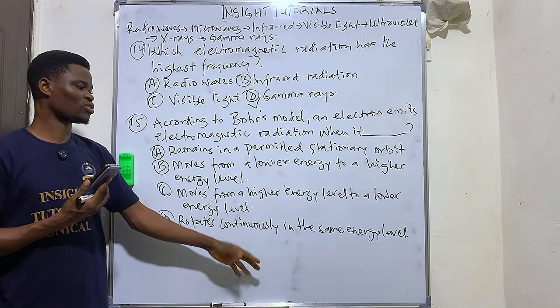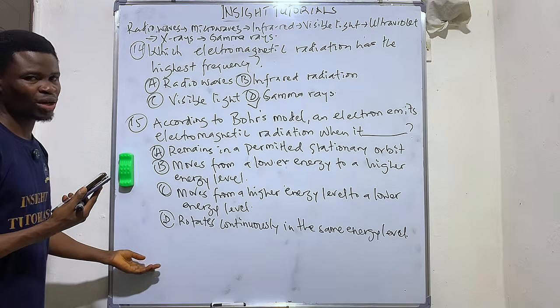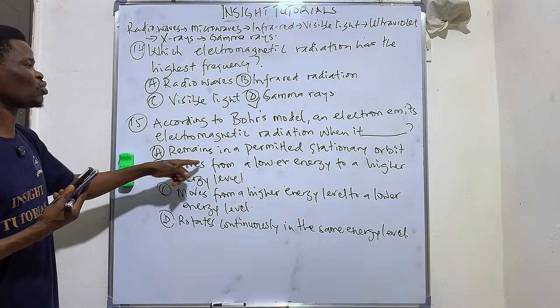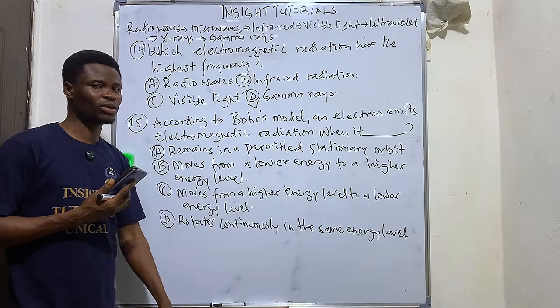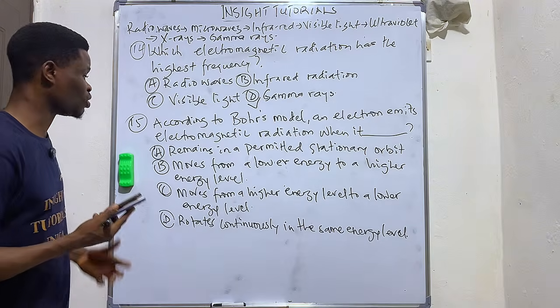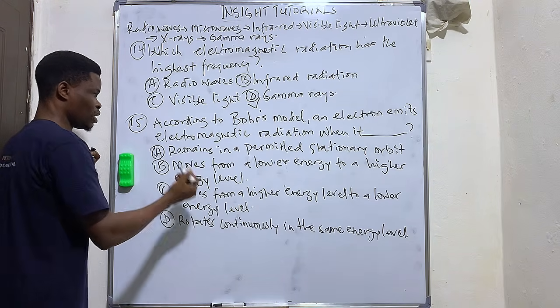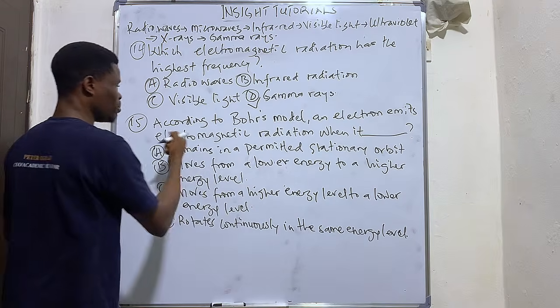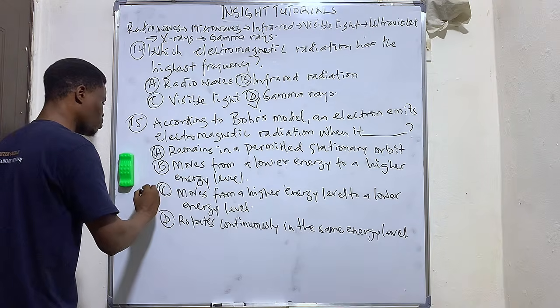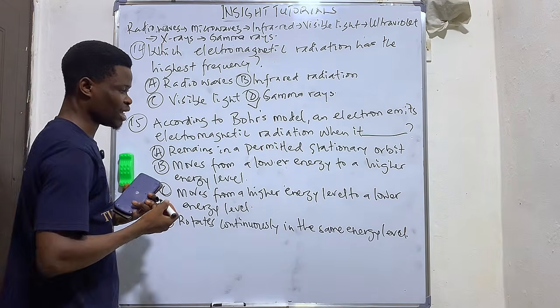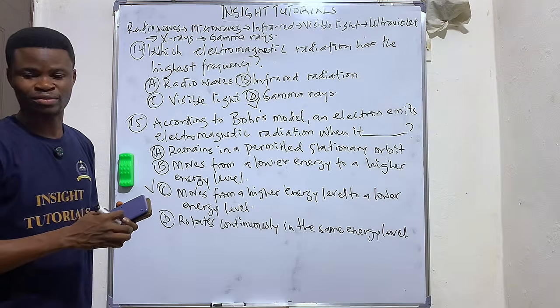And if it rotates continuously in a stationary position, there will not be any form of radiation. And if it also remains in a permitted stationary orbit, there will still not be any form of radiation. So the correct option for this particular question, according to Bohr's model, is that for an electron to emit electromagnetic radiation, it has to move from the higher energy level to the lower energy level.